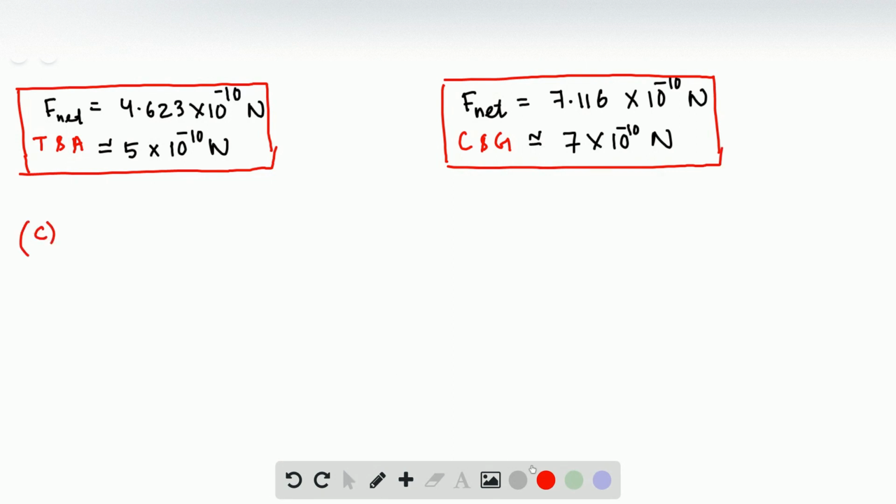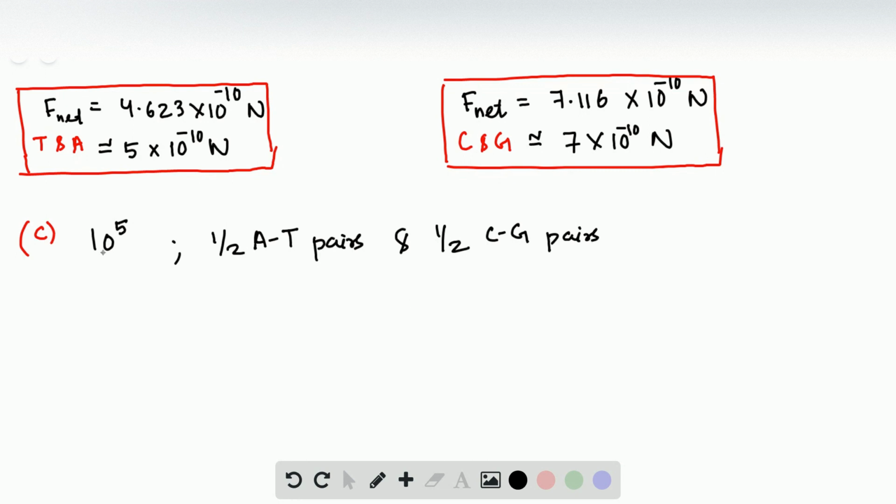Now, in the last part of the question, we have to find the total force for a DNA molecule that contains 10 to the power 5 pairs, assuming that half of it is AT pairs and half of it is CG pairs.